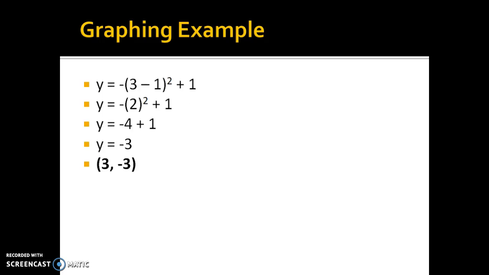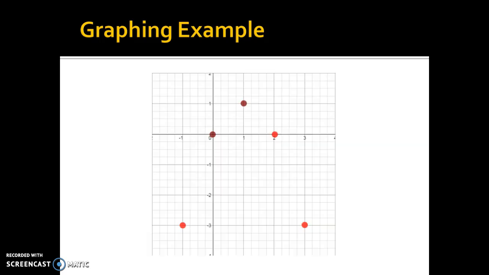So now you probably need a third point to cover this. The vertex, probably a y-intercept, and a third point. So the next point would probably be 3, because, okay, if you look at this graph, we plotted in dark red the (0, 0) and the (1, 1). This is the y-intercept, and this is the vertex.